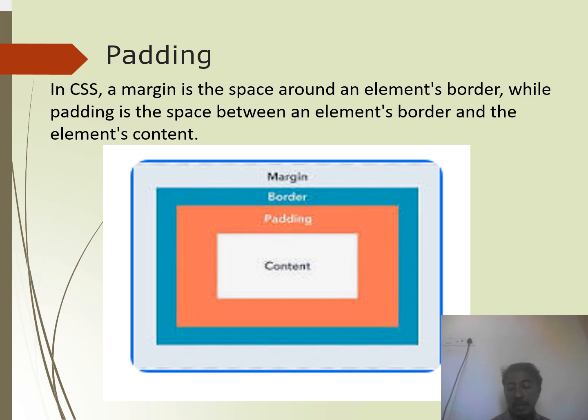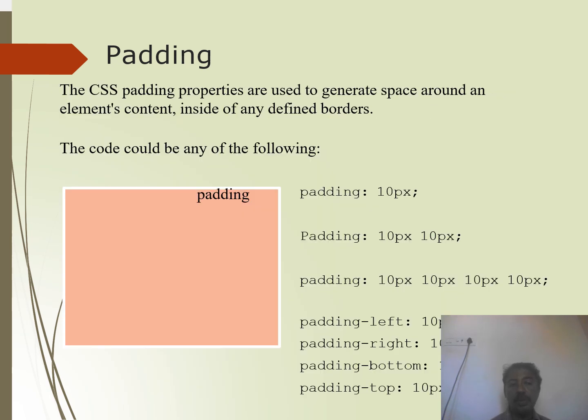Then next, suppose we simply use padding. What will happen? The CSS padding properties are used to generate space around the element's content inside. Actually, this is the program. Then padding 10px.